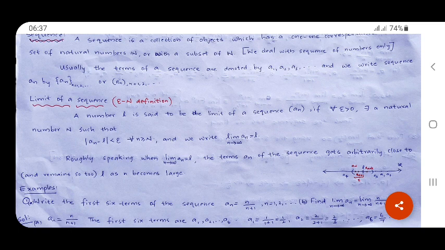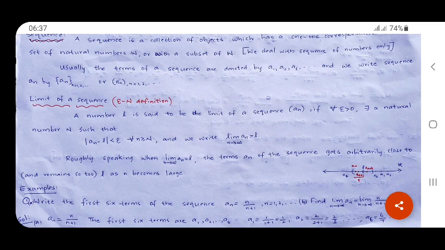Also, the terms of the sequence remain close to L as n becomes large. That is, as you go ahead in the sequence, the terms come closer and closer to the real number L, which means given any epsilon greater than 0, there is always a neighborhood of L within which there are infinitely many terms of the sequence, and there are only finitely many terms outside any epsilon neighborhood.